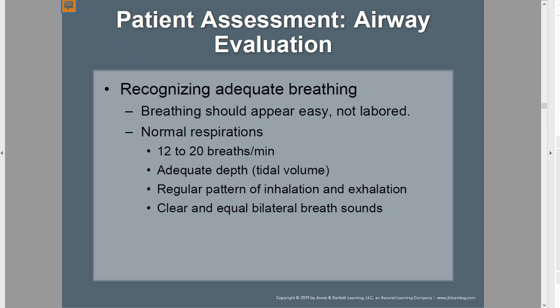But if they're breathing 8 times per minute and they do not have adequate chest rise and they do not have adequate tidal volume, then this could be somebody who needs to be bagged. They could be in respiratory failure. Don't sell the farm based on a respiratory rate.